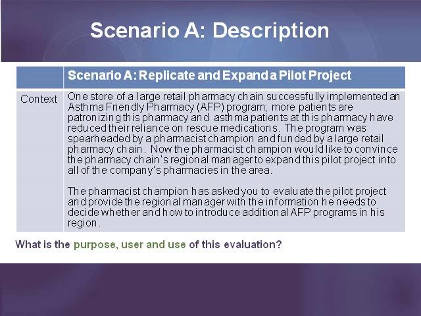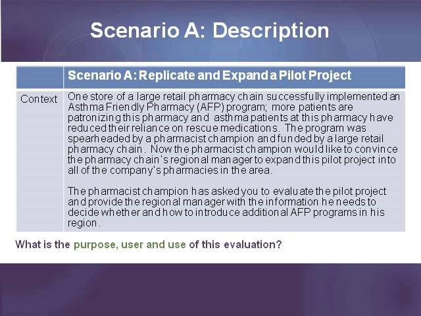Now the pharmacist champion would like to convince the pharmacy chain's regional manager to expand this pilot project into all of the company's pharmacies in the area. The pharmacist champion has asked you to evaluate the pilot project and provide the regional manager with the information that he or she would need to decide whether and how to introduce additional AFP programs in that region.